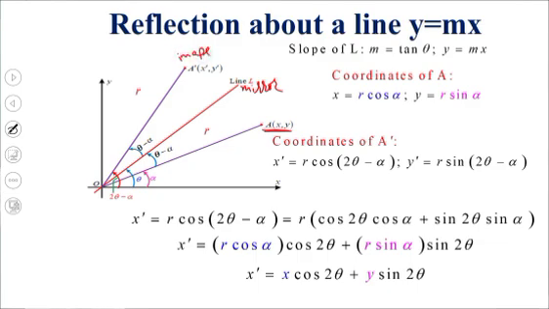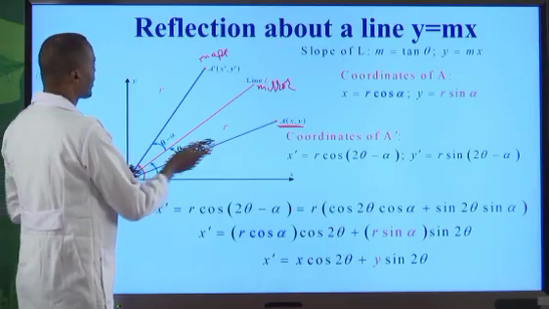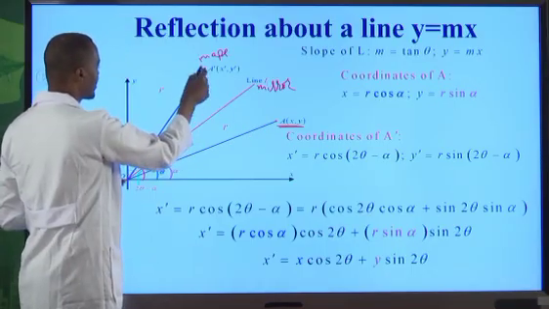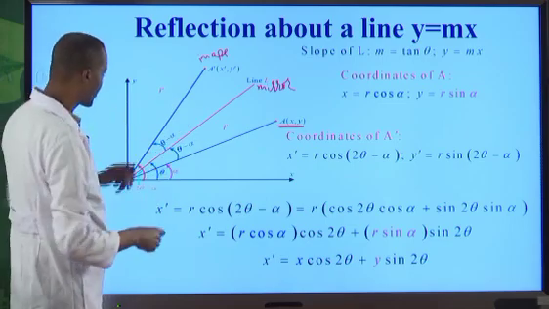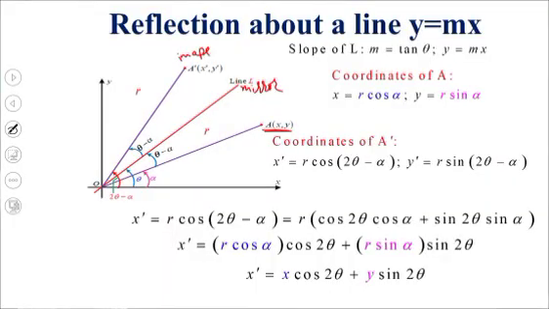The image is A prime of x prime, y prime, and this line is at radius r. After reflection about this line, this is a new point, which is A prime of x prime, y prime. So our target is, given these two, how do we calculate x prime and y prime?